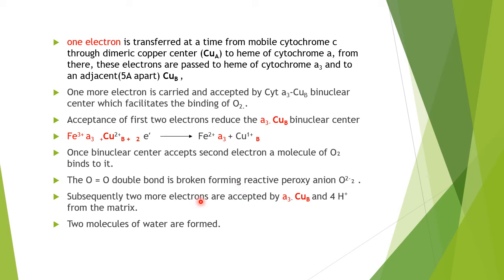Subsequently, 2 more electrons are accepted by cytochrome a3, CuB, along with 4 protons from the matrix. So it will accept 2 electrons as well as the 4 protons from the matrix. 2 molecules of water are formed there.